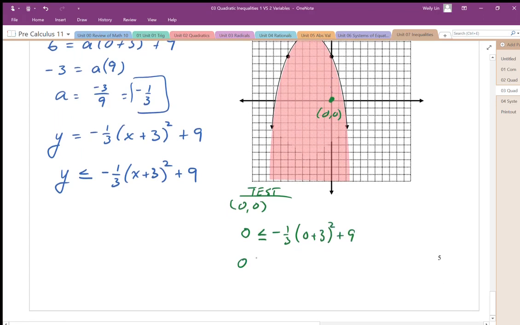This ends up being 9 times negative 1/3 is negative 3, plus 9 is 6. So 0 is less than or equal to 6. That's true, so that must be part of my solution. And again, that green point shows up in my solution space. So I've done this correctly. My inequality holds true.